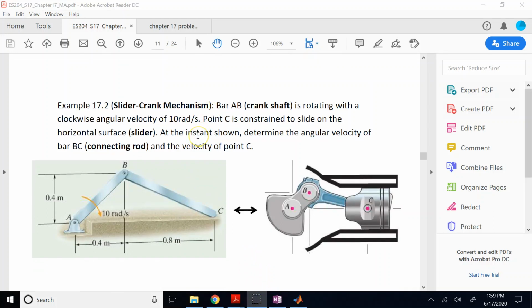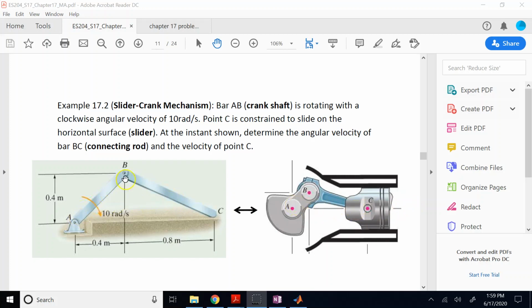In this example 17.2, we are talking about the slider crank mechanism, which is the mechanism that you see in a car engine with crankshaft, conrod, and piston. This member AB is called the crank, the member that basically rotates fully. And your piston is called the slider because it slides inside the cylinder.